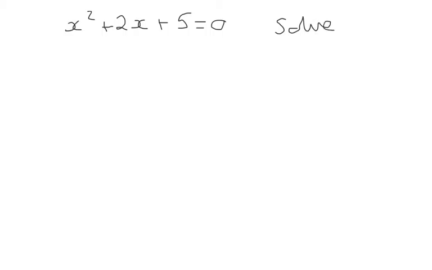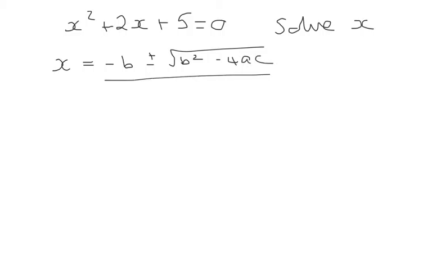If we want to solve for x, it does not factorise, but we can use the quadratic formula: -b plus minus square root of b squared subtract 4ac, all upon 2a. In our quadratic equation, a equals 1, b equals 2, and c equals 5.